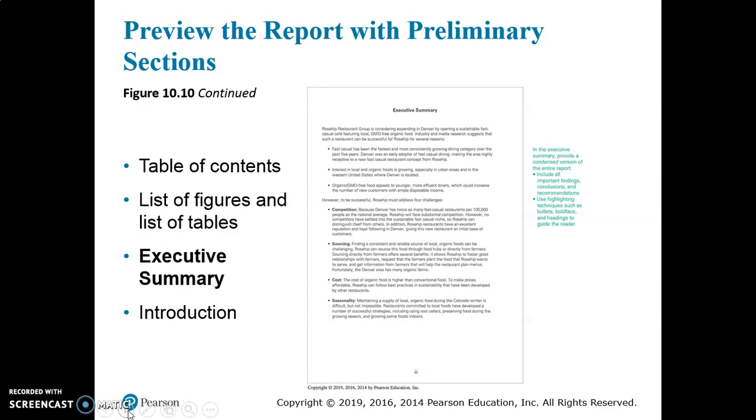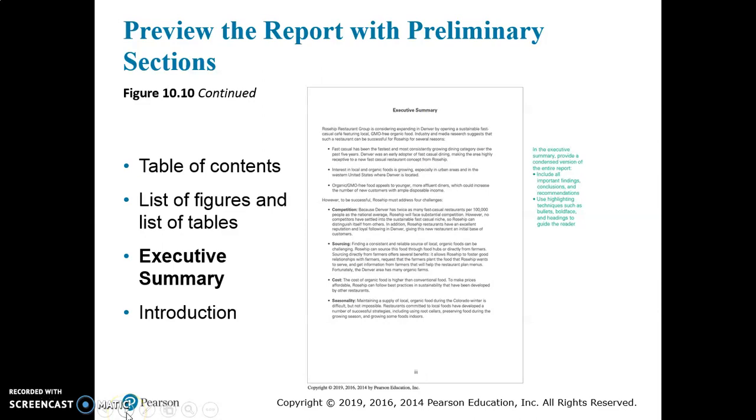We teach you double space all through high school and college, and then you get to the business area and we say, never mind that. We want single space, and we want you to leave a space in between paragraphs. You'll see that throughout the rest of this report.